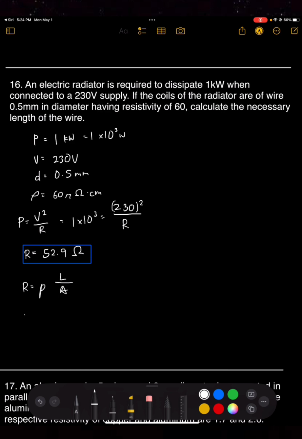So since R is already solved, we'll use 52.9 ohms equals to the resistivity, which is 60 times 10 raised to negative 6 times the length and the area of a circle, which is 1 over 4 pi times the value of 0.5 times 10 raised to negative 1 squared. So we'll have the answer for the length 1731 centimeter.